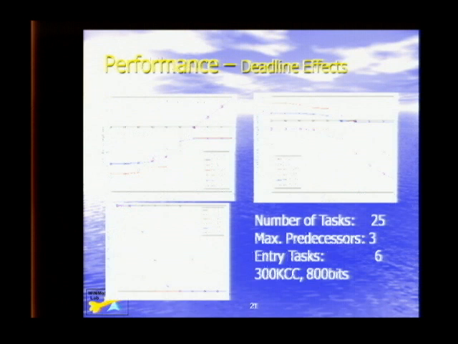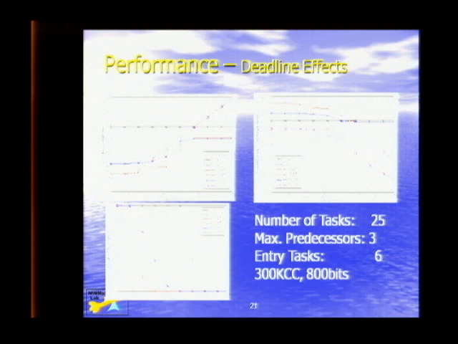Now, let me give you a very brief idea about what effect this has. On these plots, on the x-axis we have the deadline, and in the first plot on the y-axis we have the schedule length. This red dotted line is what you would get if you were to send all the raw data to a cluster head and let the cluster head execute everything. As long as you are above this line, you miss your deadline.